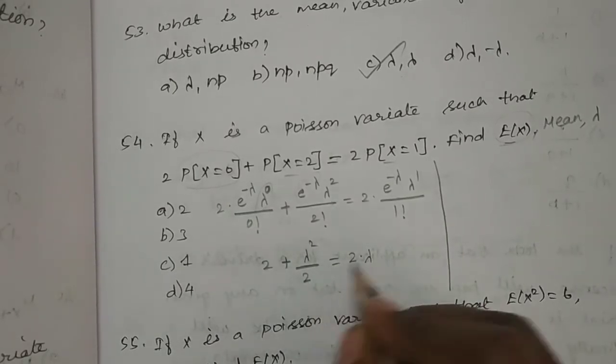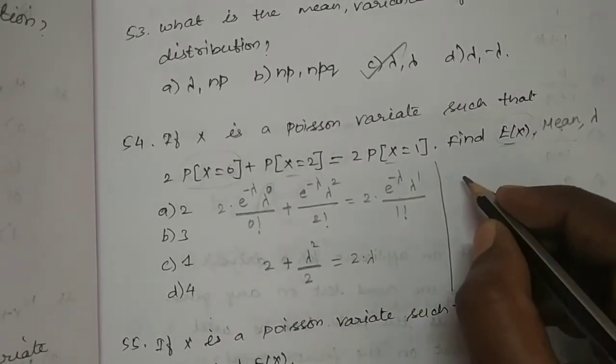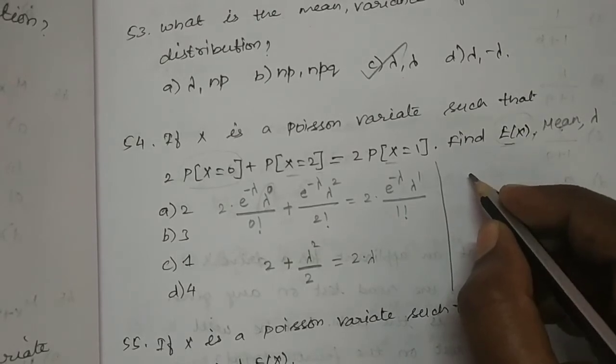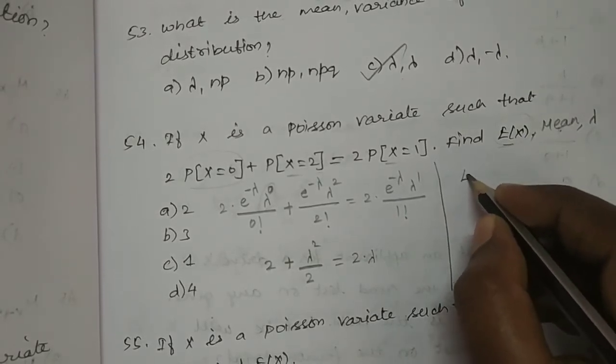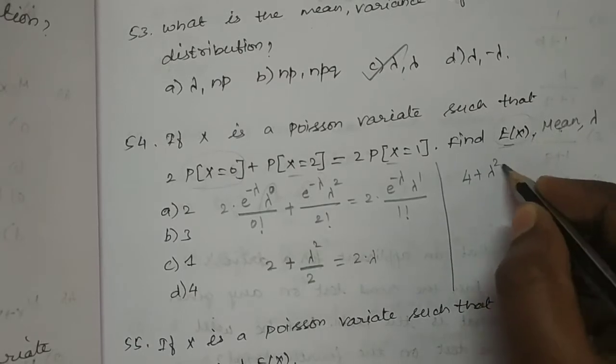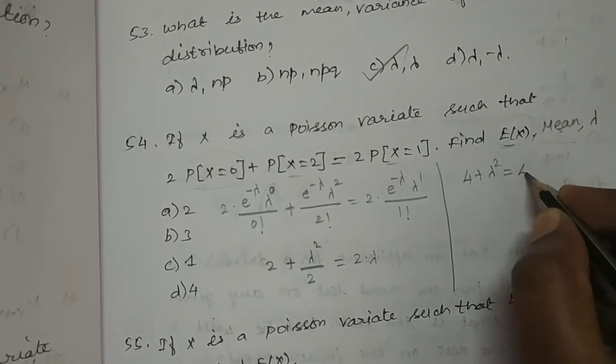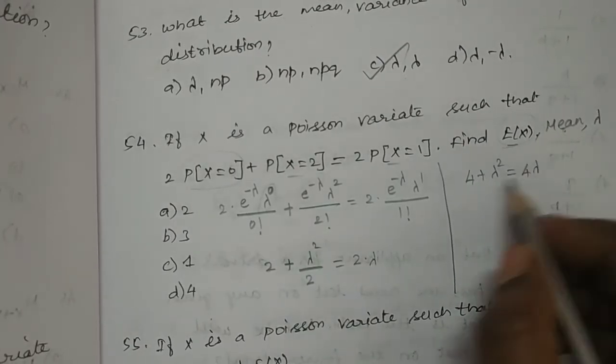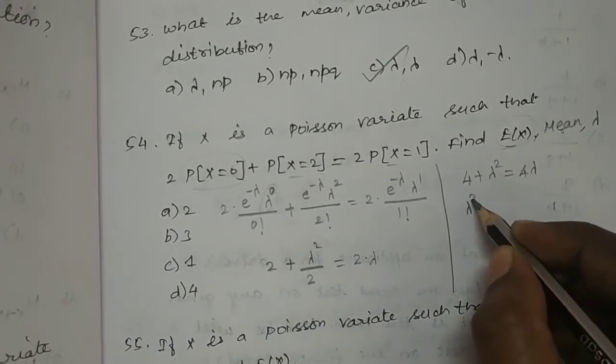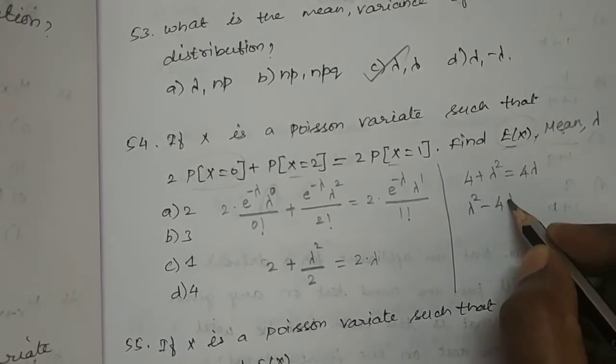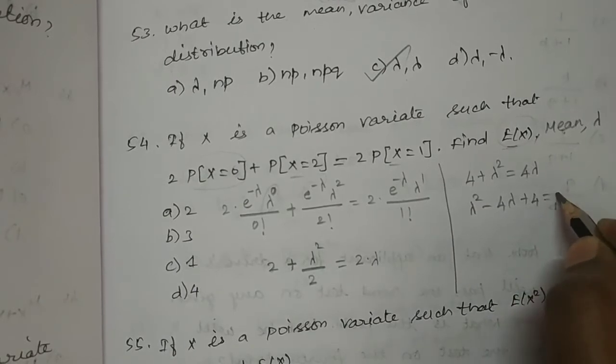Now let us cross multiply the 2. We get 4 plus lambda square equal to 4 lambda. This can be rewritten as lambda square minus 4 lambda plus 4 equal to 0.